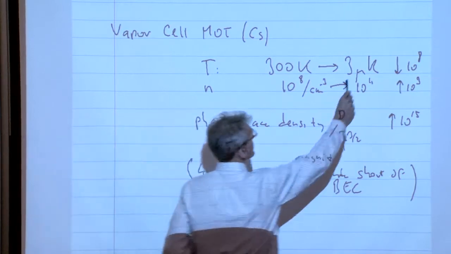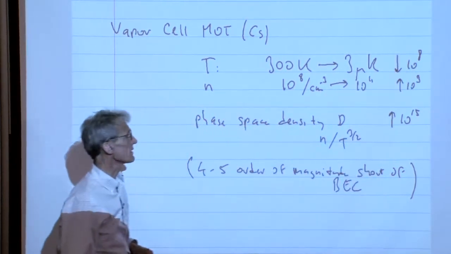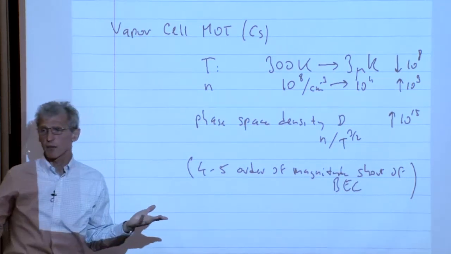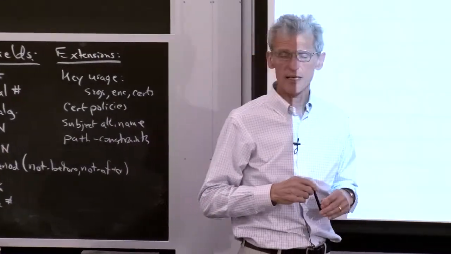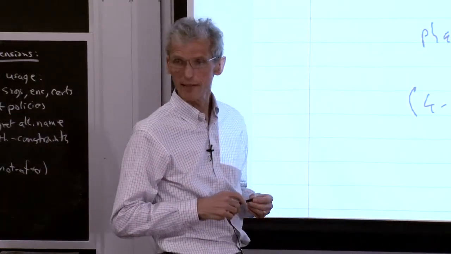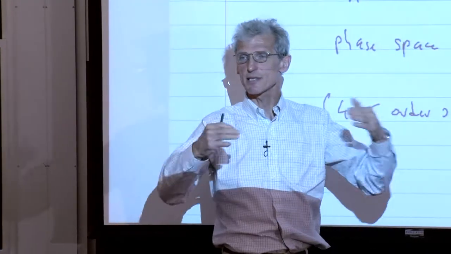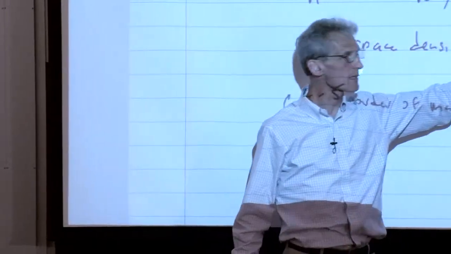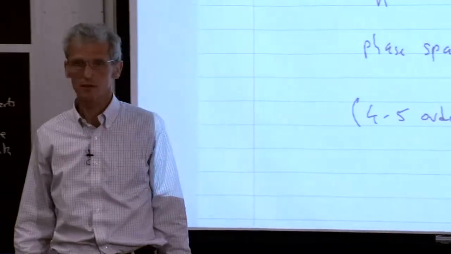Sorry, the temperature goes down by 8 orders of magnitude, which means the phase space density is enhanced by 12 orders of magnitude. So if you're talking about the goal of reaching Bose-Einstein condensation, which requires a phase space density of 1, just having a dilute vapor and these 6 laser beams with a little bit of magnetic field increases your phase space density by 15 orders of magnitude.